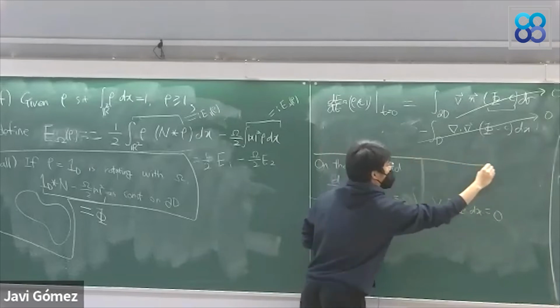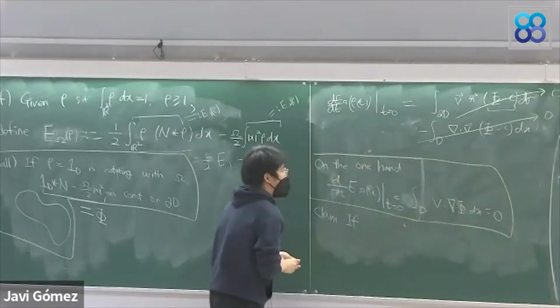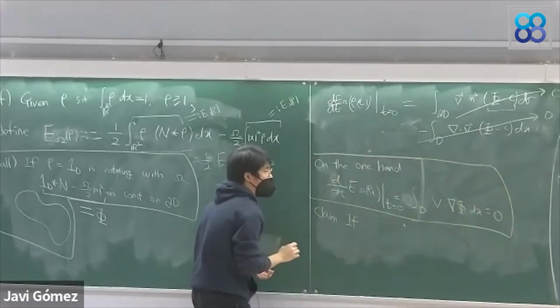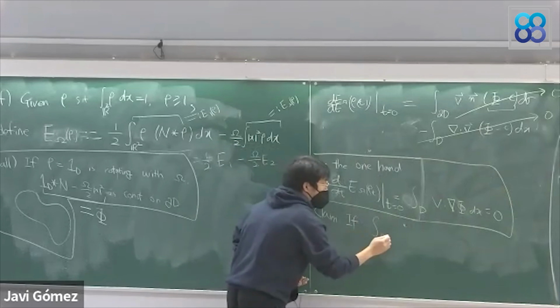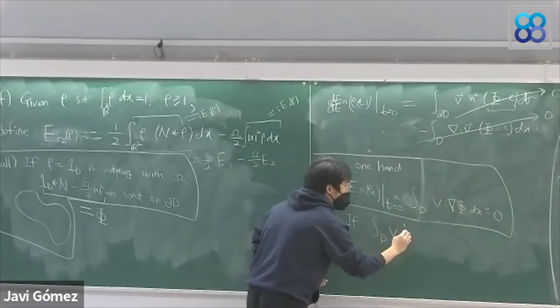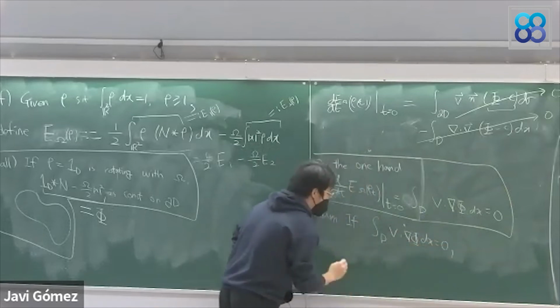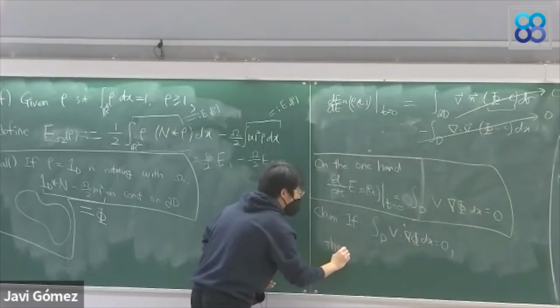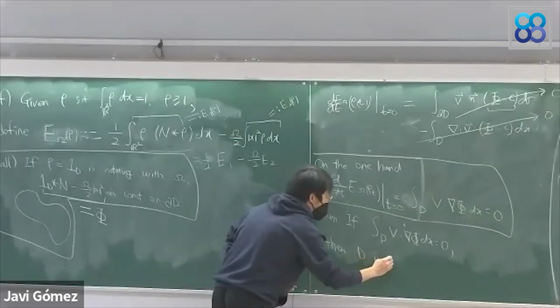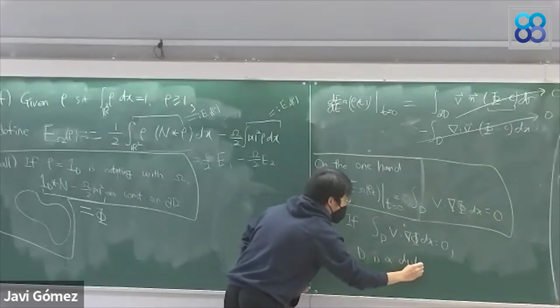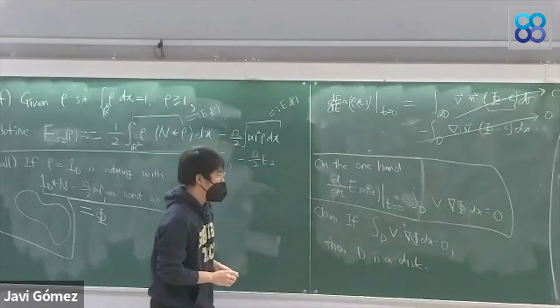On the one hand, we have this. And then the second point that I'm going to make is that if this quantity, V times direct V, is zero, then V is a disk. Okay.